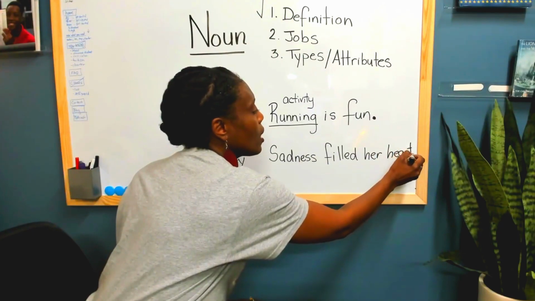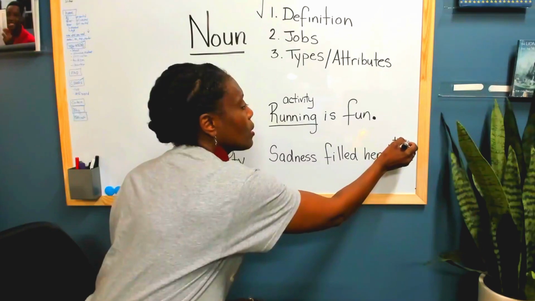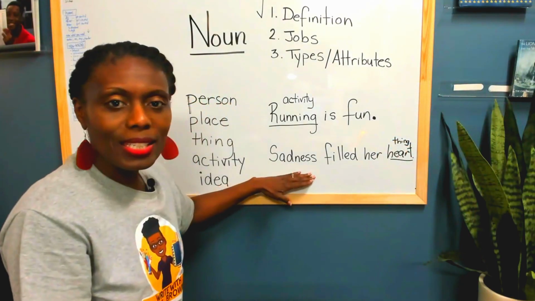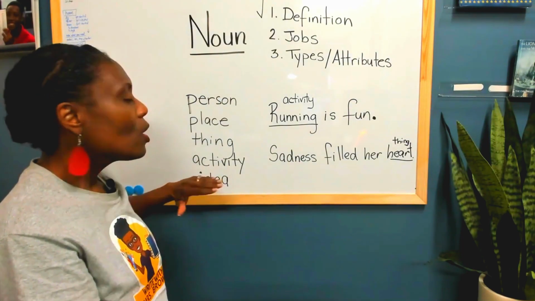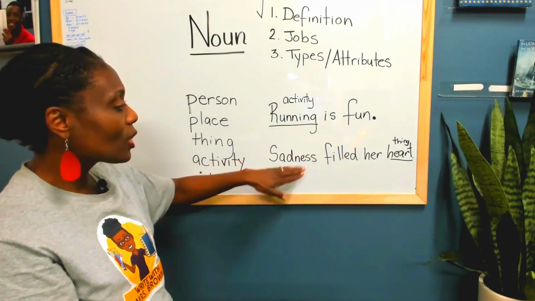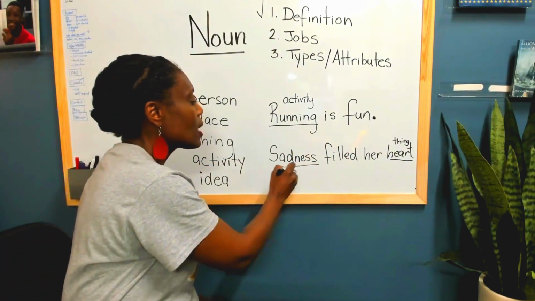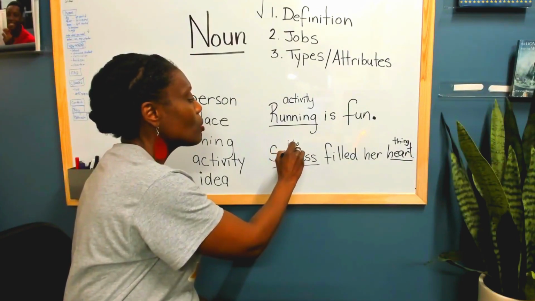Now, obviously, heart is a thing, right? That's a thing noun. But sadness, that's not something you can touch, right? Sadness is an idea or it's a feeling. And in this case, it is what filled her heart. So it's functioning as a noun that is an idea or kind of an emotion.